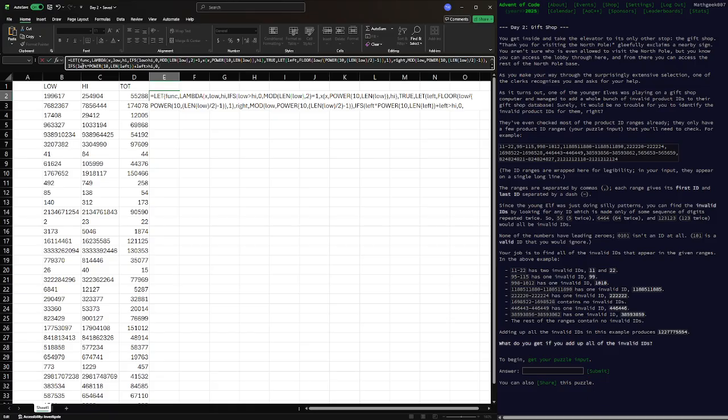Otherwise, if it's less than low, then you return x of x. You've got to do it.